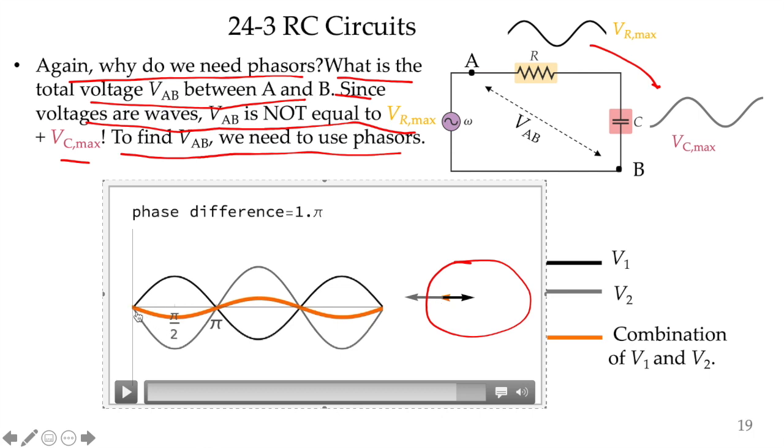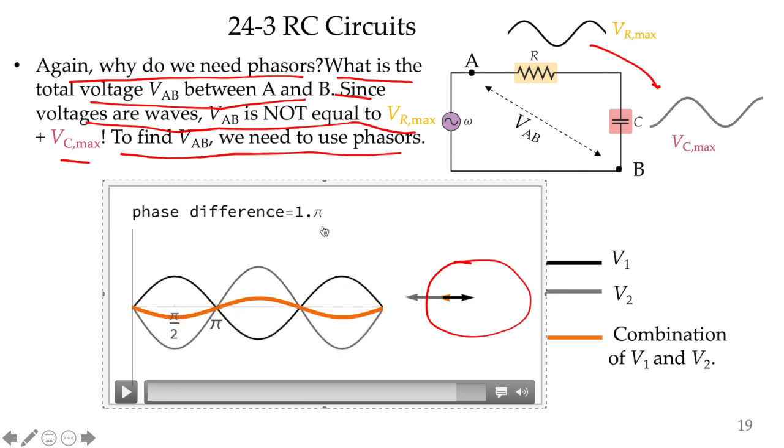Now look at this one. The black was stationary, and this curve moved forward, right? Now you can see that the black one becomes maximum at pi over 2, and the gray one becomes maximum at 3 pi divided by 2. So there's a phase difference of pi.